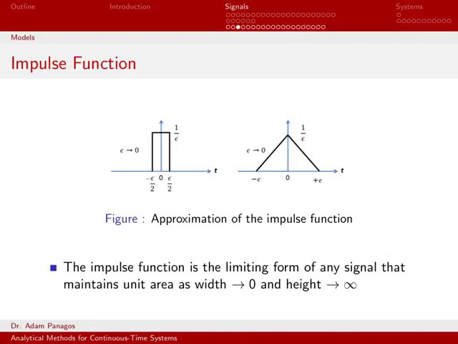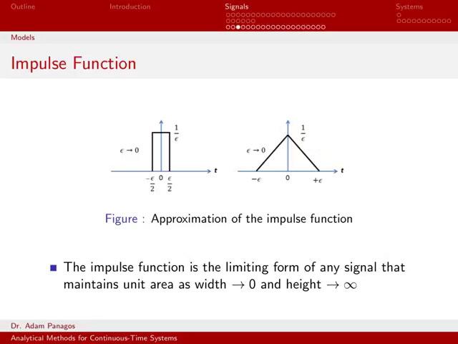This is a triangle that has a height of 1 over epsilon, and its total width here is 2 epsilon, from minus epsilon to epsilon, that's a total distance of 2 epsilon. So if we were to compute the area of this triangle, the area is 1/2 base times height. So base is 2 epsilon, height is 1 over epsilon. If you multiply those together, 2 epsilon over epsilon is 2. And then the total area is 1/2 base times height, so 1/2 times 2 is 1.